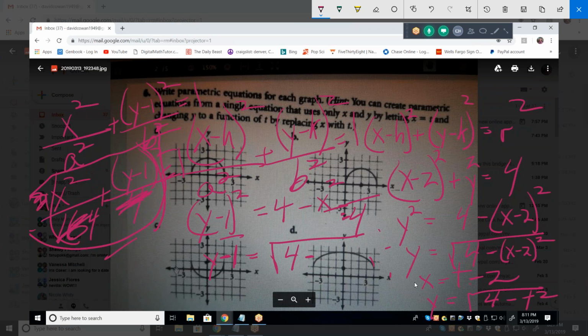So, back to where we were: y minus 1 squared is equal to 4 minus x squared over 4.